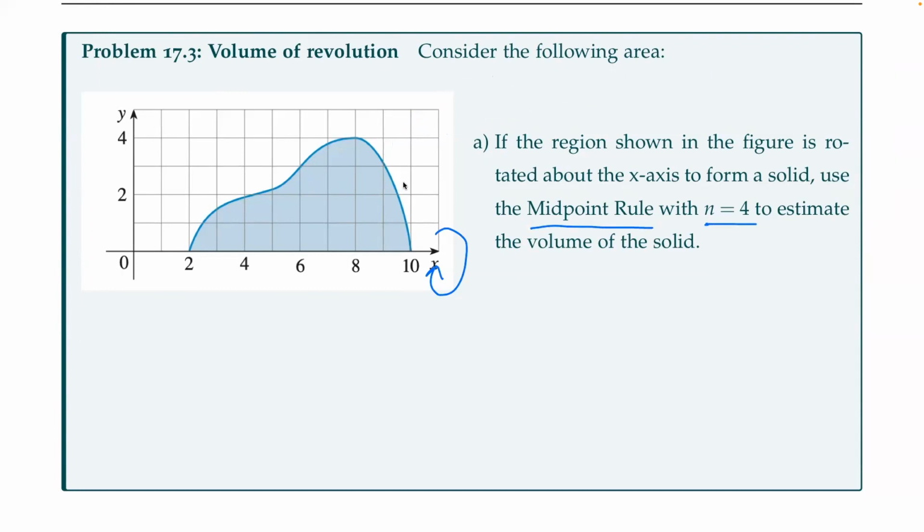Just as a reminder, our total volume is going to be delta x times pi times the sum, i is 1 to n, of our radii squared.